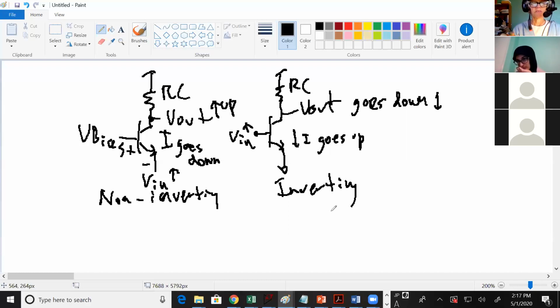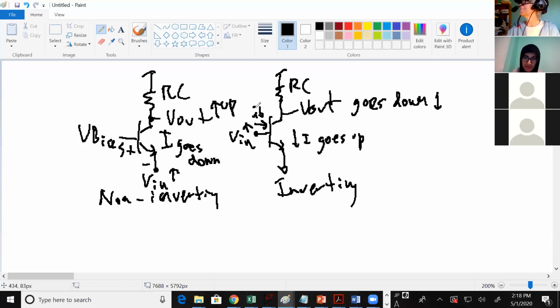And another thing is, let's look just at V in here. On the common emitter side, if I change V in, does this current change a lot or very much? Oh, sorry, I was thinking of IC.